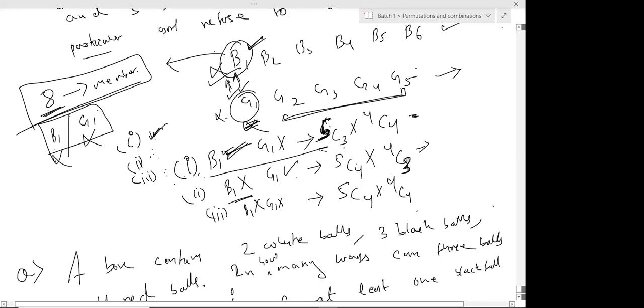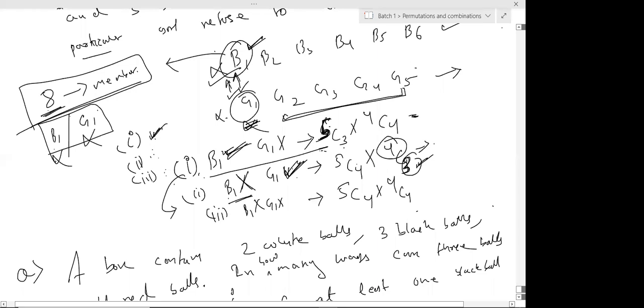See here, this is similar to first part. In this, we said B1 cannot go there, but G1 we have already chosen, right? So because G1 is already there, we have to choose 3 girls, and in total we had 5 girls, but G1 is already there, so we have to choose out of 4, right? Only 3 girls, so 4C3.